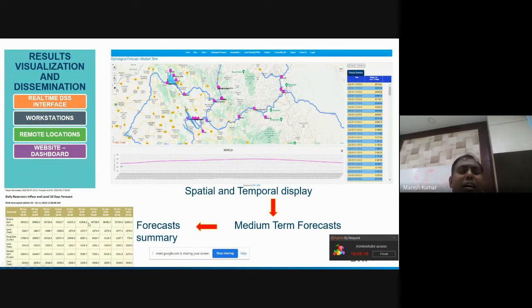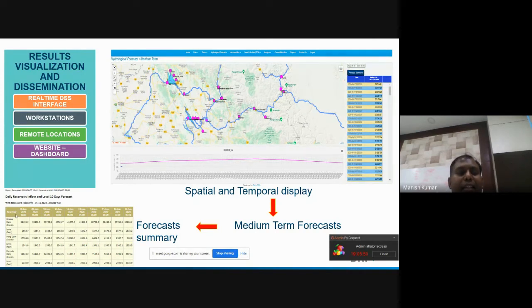We have a Postgres SQL based DBMS system, and you can post process data in any format you like. You can see the result in time series format, in daily average flow format, or any other format which you want.